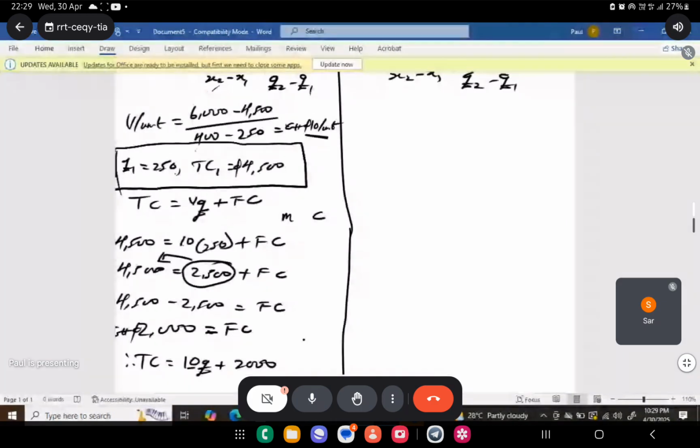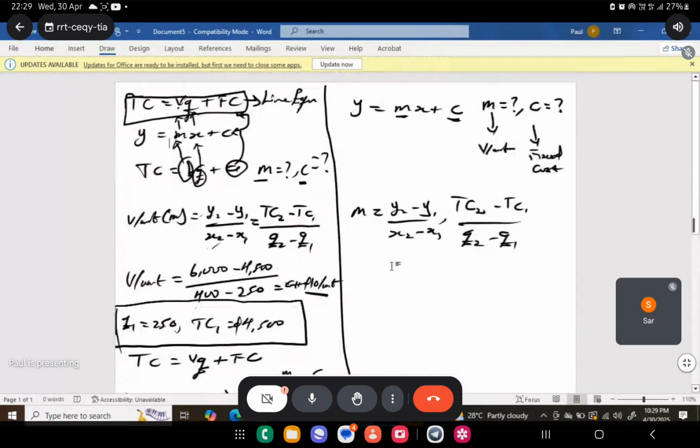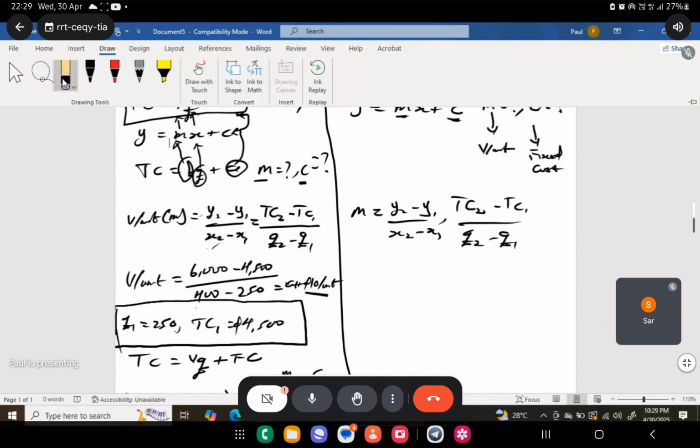The rest, total cost and quantity, are variables, so we maintain them as they are. So I think we are done with this question. Let me clean it. Please, I believe you understand. That's for 5 marks. If you can do this in this question, you will go for 5 marks.